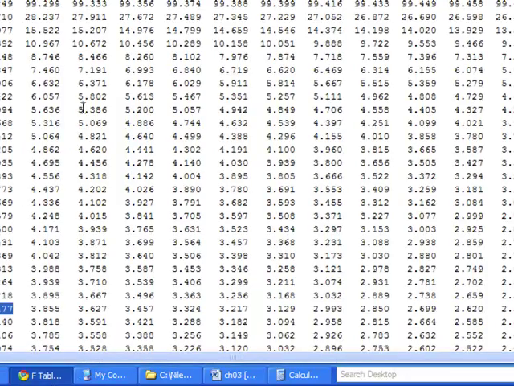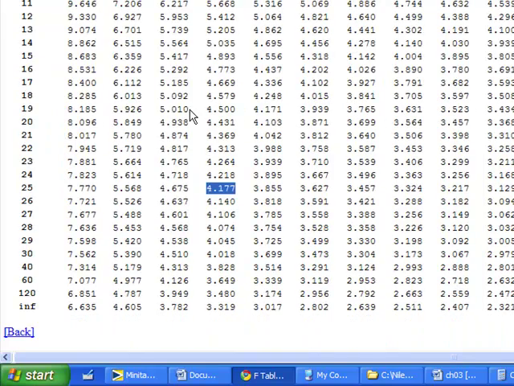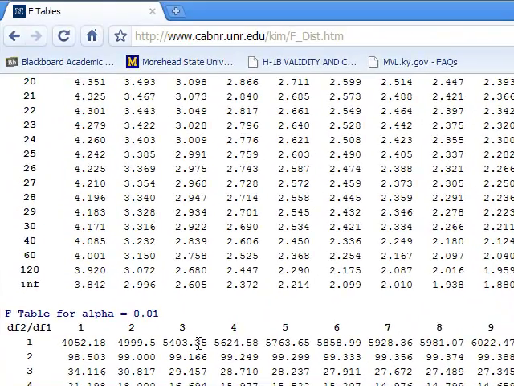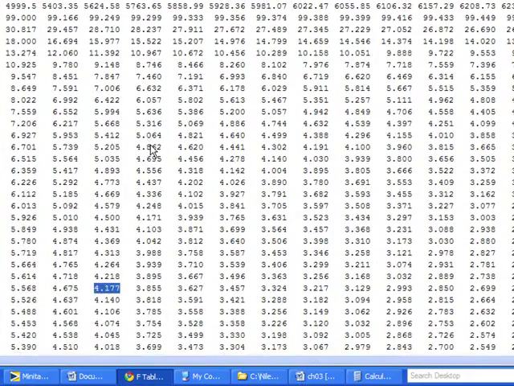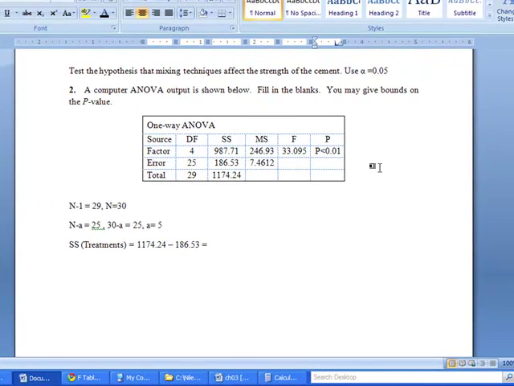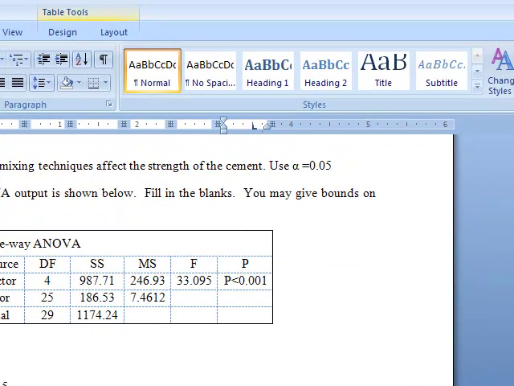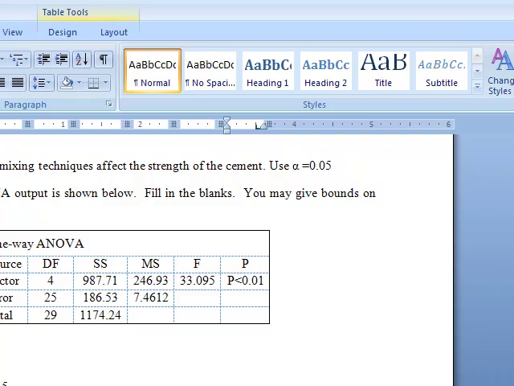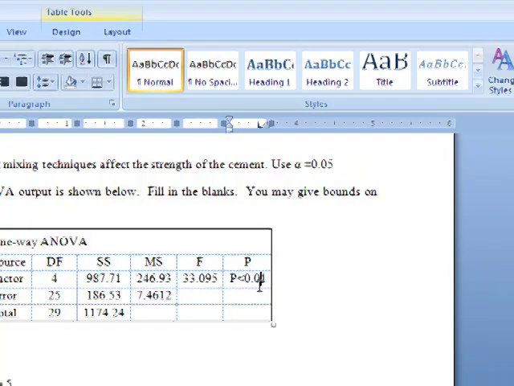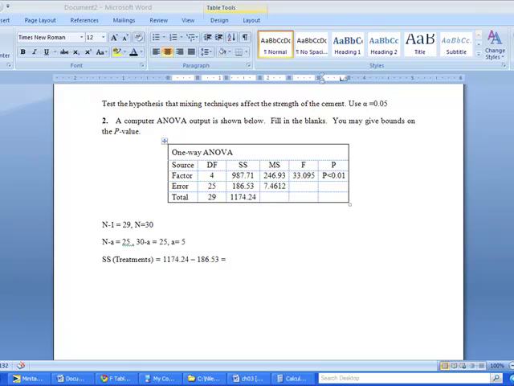If I had tables for lesser values of alpha, which right now I don't have here. But if you have F tables for alpha 0.001, then you can look in those tables, and you may be able to say that the p value is even less than 0.001.